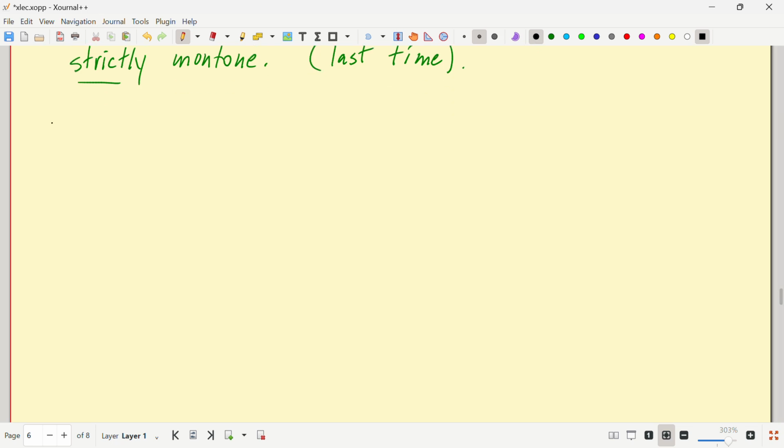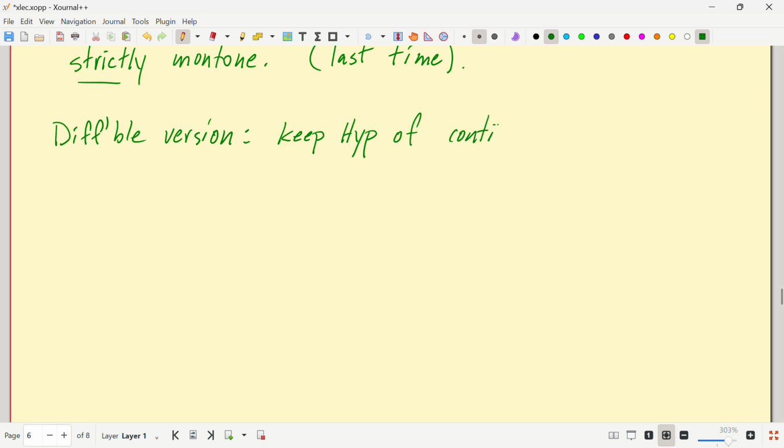Okay, so the differentiable version is going to keep the hypothesis of the continuous version and add f prime of c is unequal to 0.